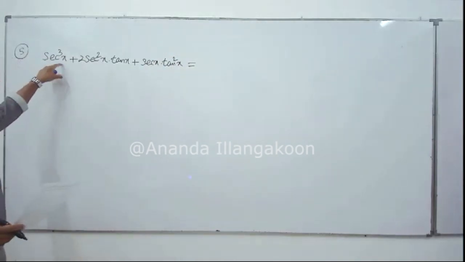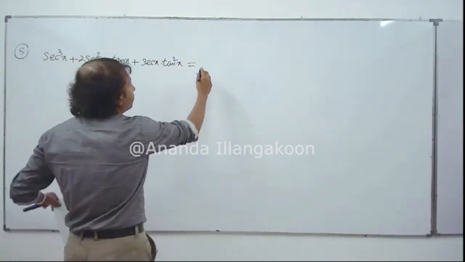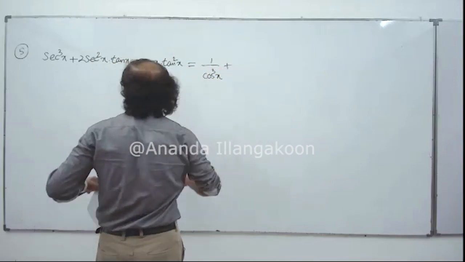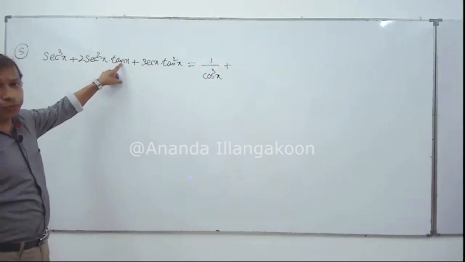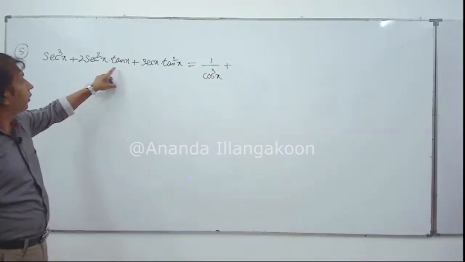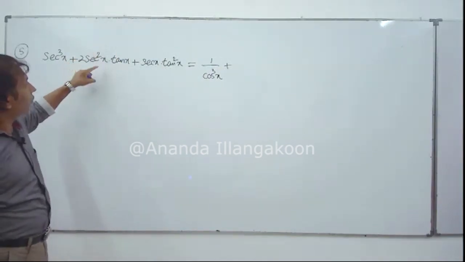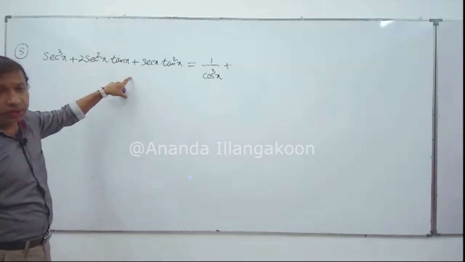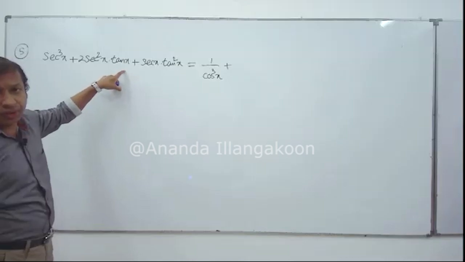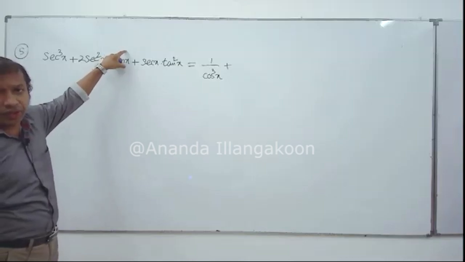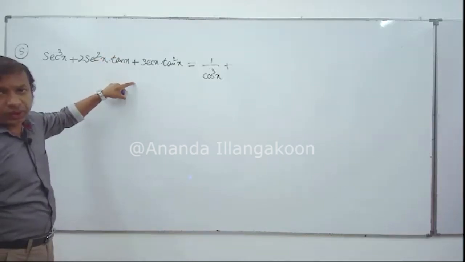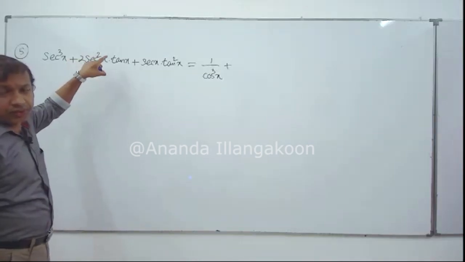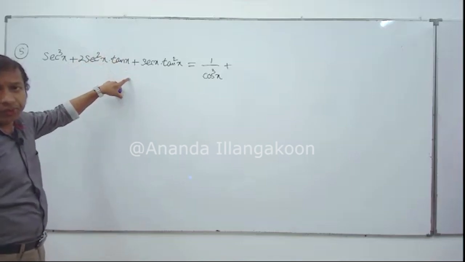Sec cube x means 1 over cos cube x. Here tan x means sin x by cos x, and sec squared x means 1 over cos squared x. Then in the denominator, cos squared x and another cos x coming from tan x, because tan x is sin x by cos x. This cos squared x and this cos x make cos cube x.